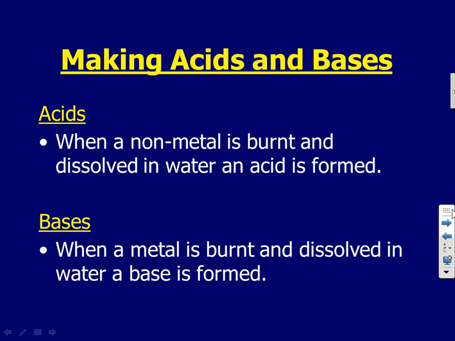And you take it as an antacid. Again, you got an upset stomach, you take some milk of magnesia, it goes into your stomach, it neutralizes it. Calcium hydroxide. All of these things link with hydroxide and make bases. All right? Nonmetals make acids. Metals, when you burn them and you dissolve them in water, make bases.